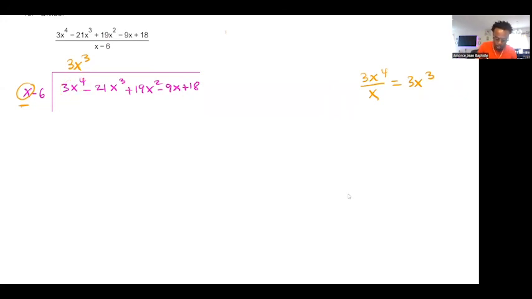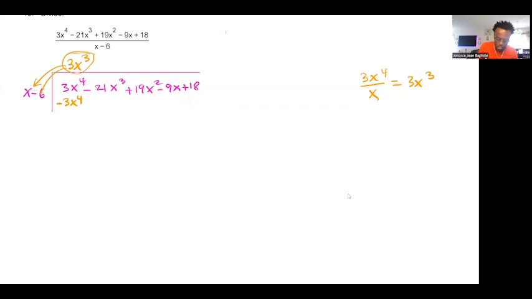So let's multiply the term added in the quotient section by each term in the divisor. 3x to the 3rd times x. That's 3x to the 4th that we subtract from the 3x to the 4th here.